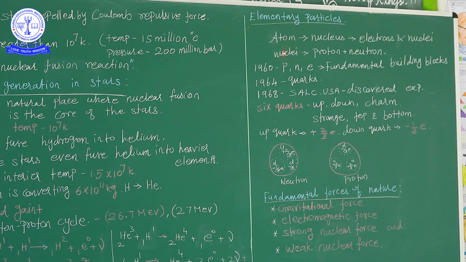At first, we knew only the proton and neutron, and their charges and masses were discussed. Then in 1968, quarks were discovered. The neutron is made up of 1 up quark and 2 down quarks, and the proton is made up of 1 down quark and 2 up quarks.